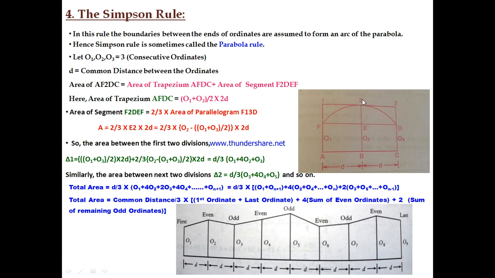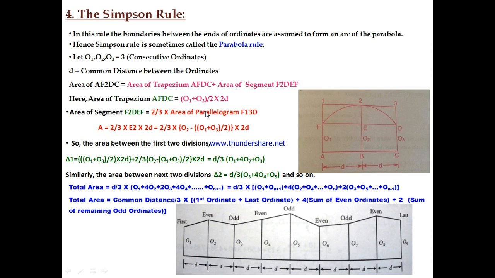Now we need to calculate the area of F2DF. This segment, the area of segment F2DF, will be calculated as 2 by 3 into the area of parallelogram F13D. This is a basic mathematical formula.